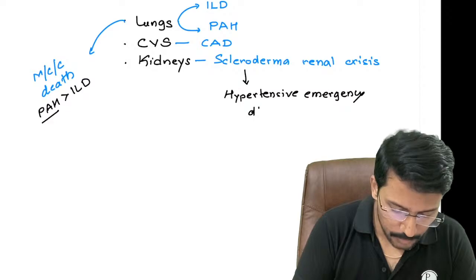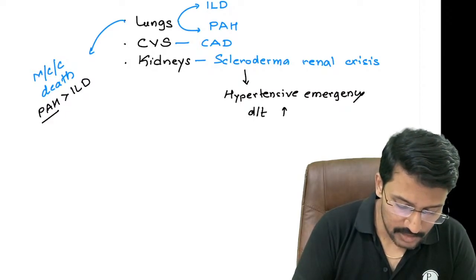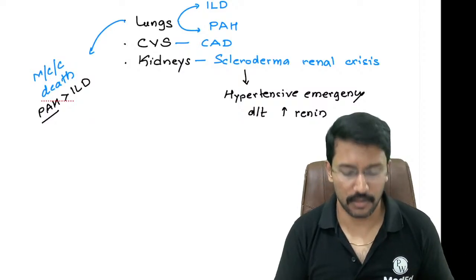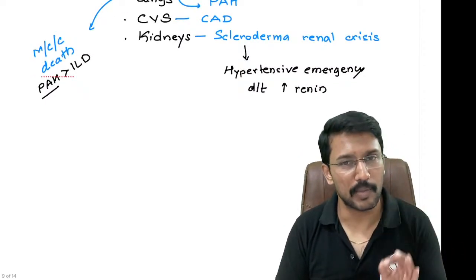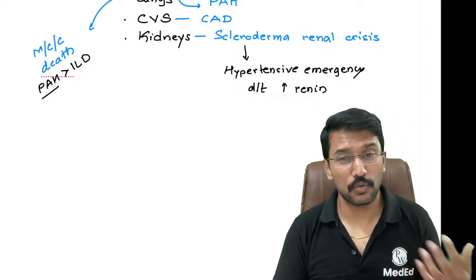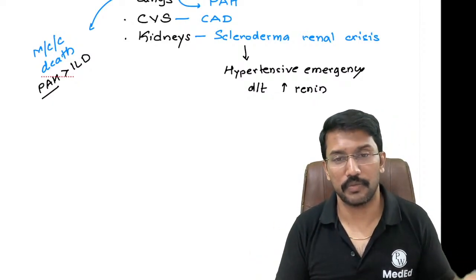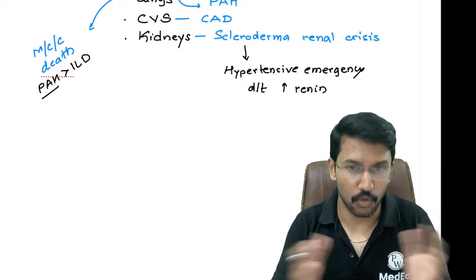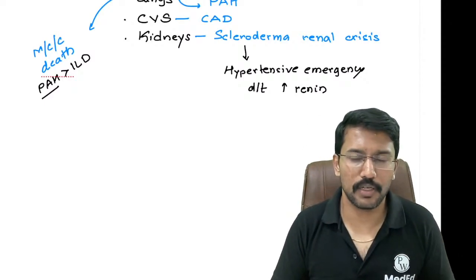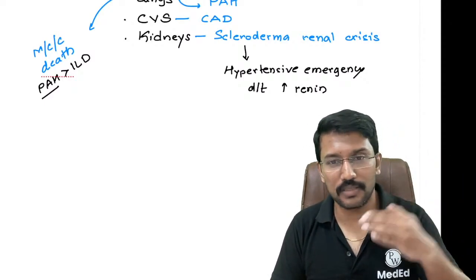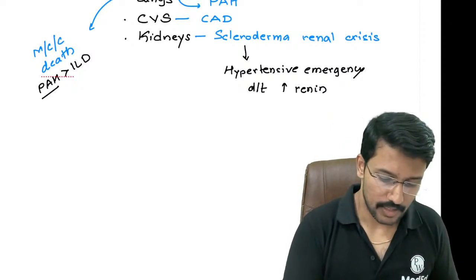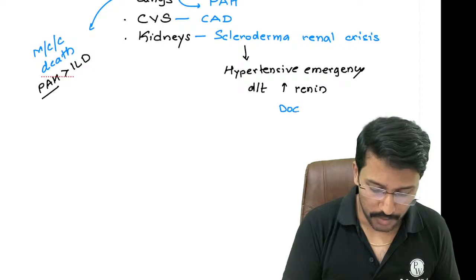This hypertensive emergency is due to increased production of renin. So basically, scleroderma renal crisis is a high renin hypertensive emergency. In the past, many of these patients used to die. They tried to treat the hypertension with beta blockers and so on, and they did not respond well. But today, it's not very difficult to treat because this renin-angiotensin-aldosterone axis can be easily blocked with drugs like ACE inhibitors. They often ask what the drug of choice is.